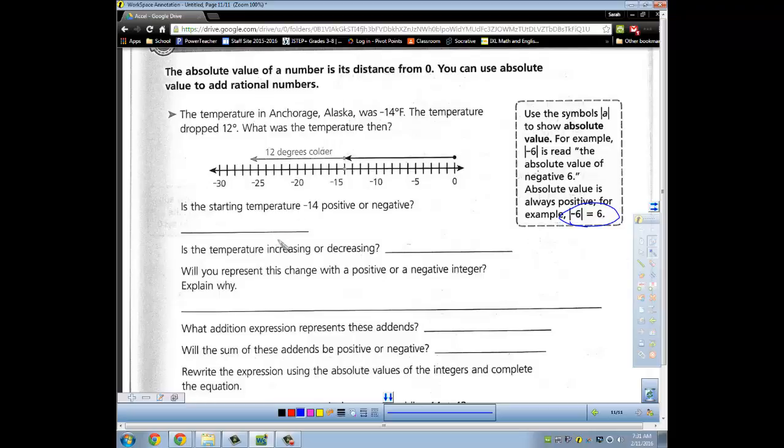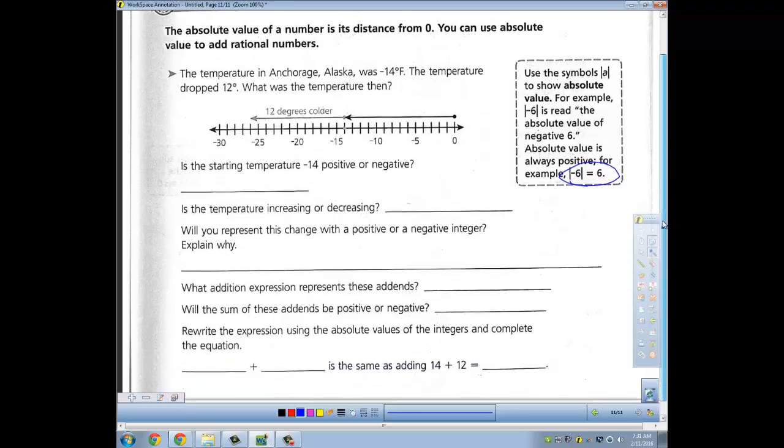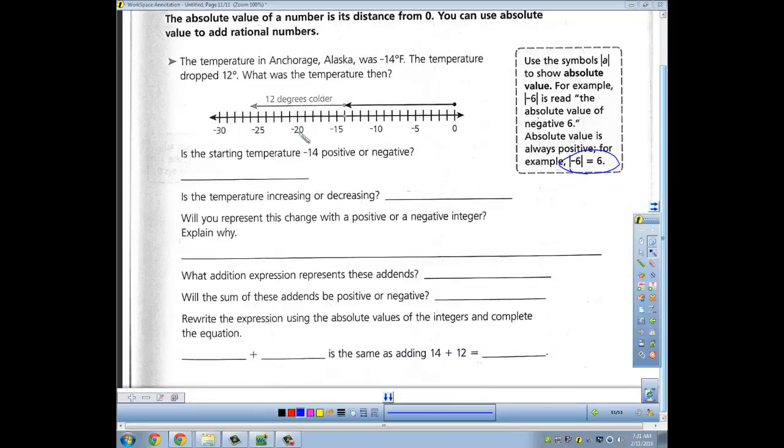So here it says the temperature in Anchorage, Alaska was negative 14 and the temperature dropped 12 degrees. What's the temperature at that point? So they started at 0 and it says this is the starting temperature, negative 14, positive or negative? Well, that's pretty obvious. That's a negative. Is the temperature increasing or decreasing? Well, it says that it dropped 12, so that's decreasing.